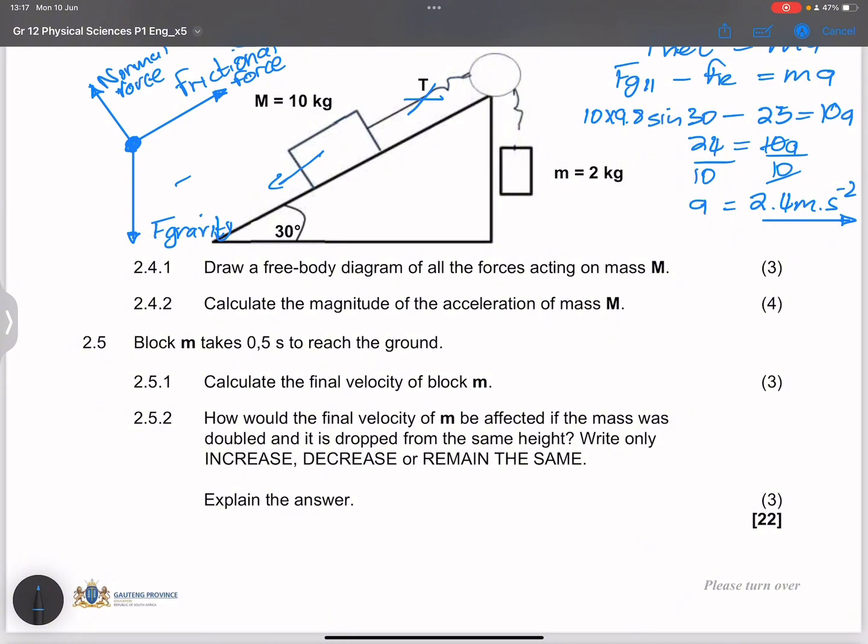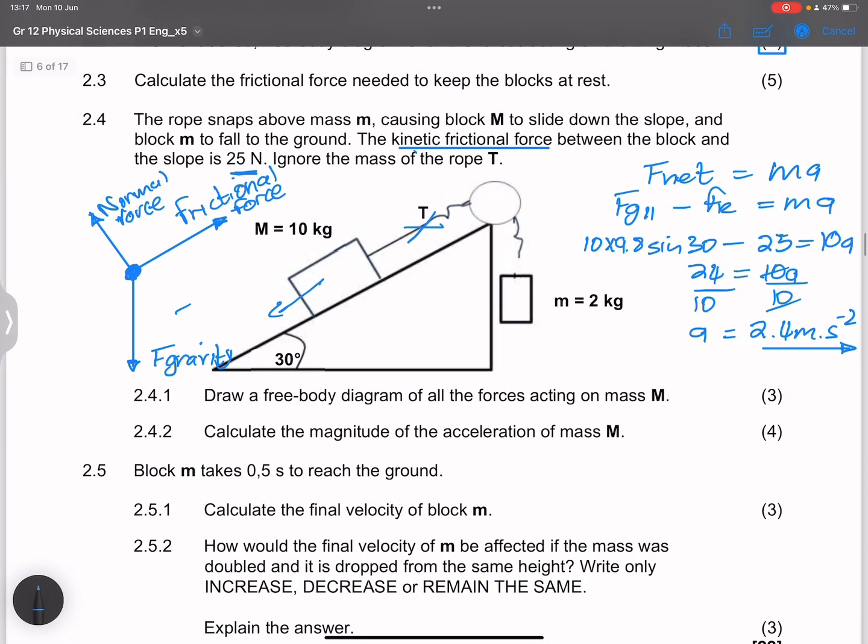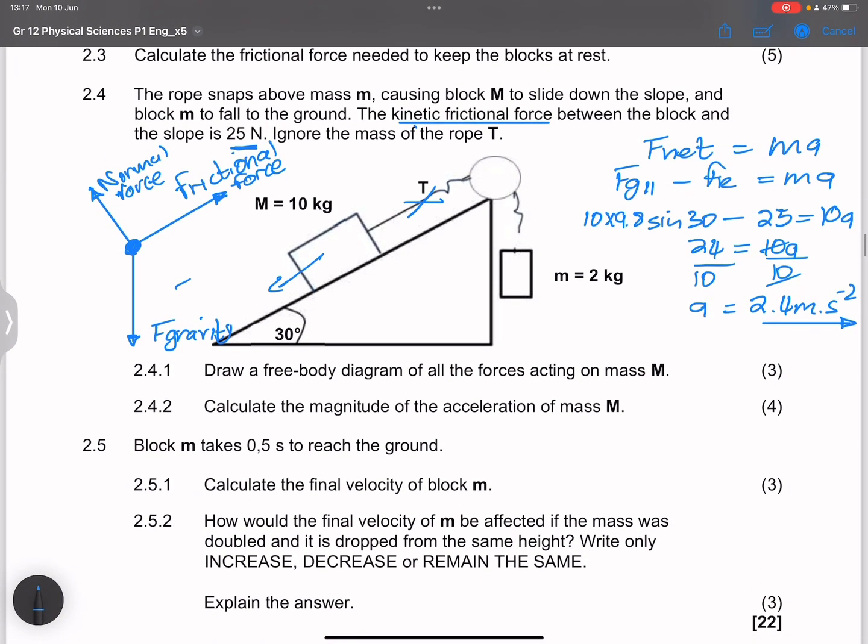Now they say to us, block M, small m, takes 0.5 seconds to reach the ground, and they want us to calculate the final velocity of block M. So first of all, we've got the time.